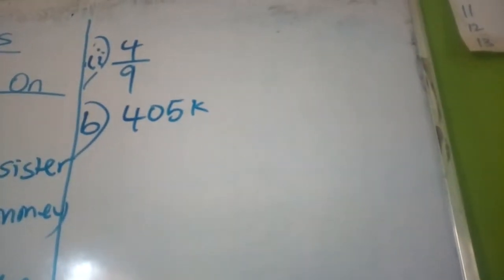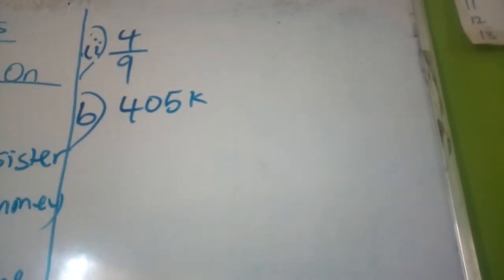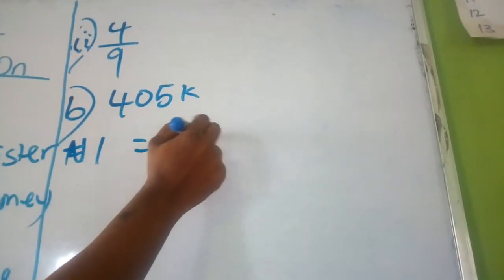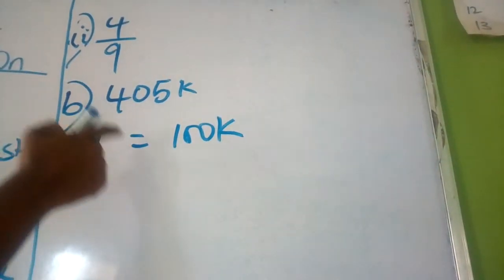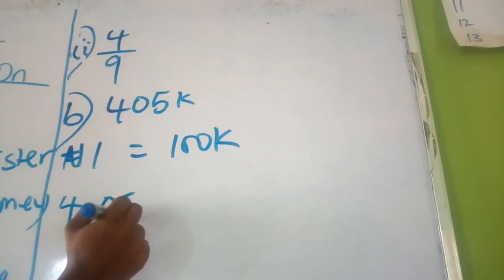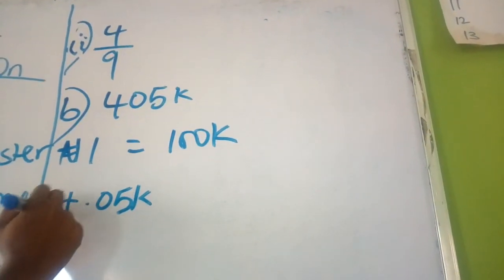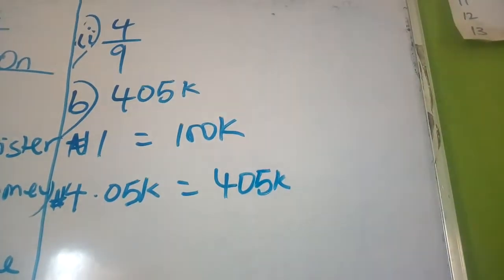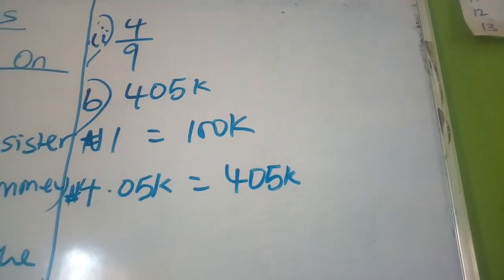Hope you know how to convert. 1 naira is equal to how many kobo? 100 kobo. So you now have 4 naira 5 kobo, and this becomes 405 kobo. That's how we got that 405 kobo. Is that understood? Very good.